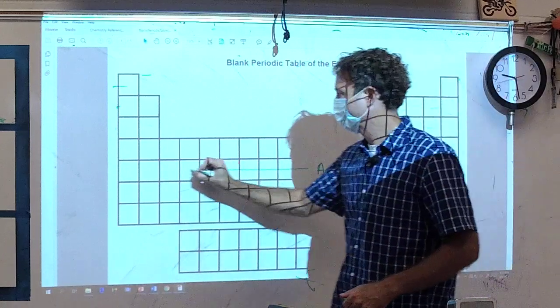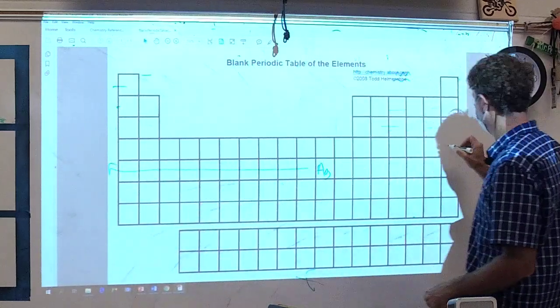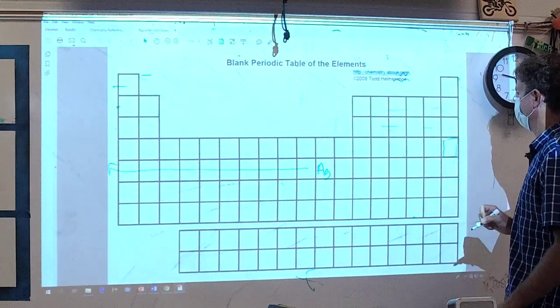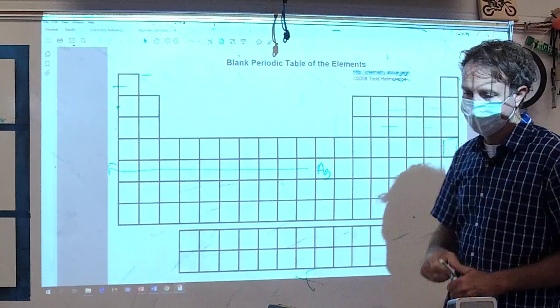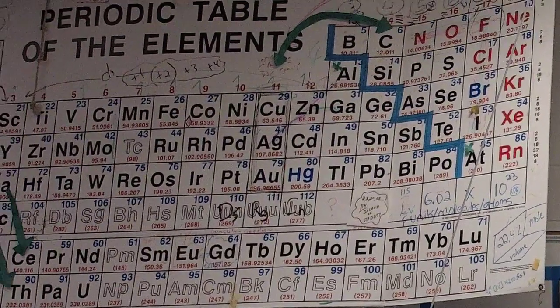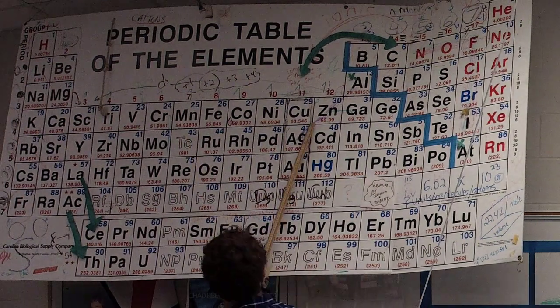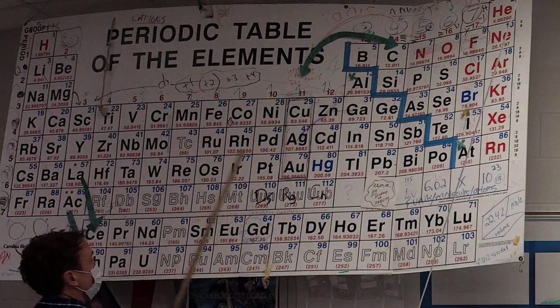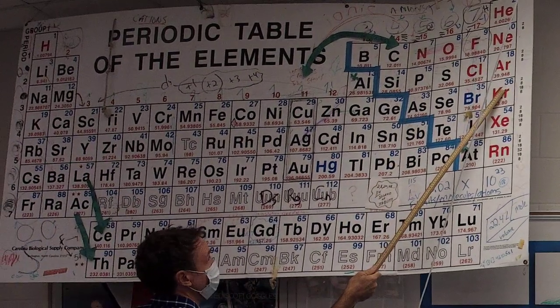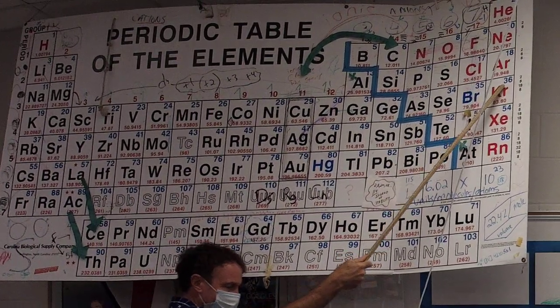I'll go backwards, and I'll find the last noble gas. And that noble gas, if we look up here on the periodic table, the last noble gas that is before silver, here's silver. So I'm going to go backwards. Krypton. Krypton is the last noble gas that we go by.